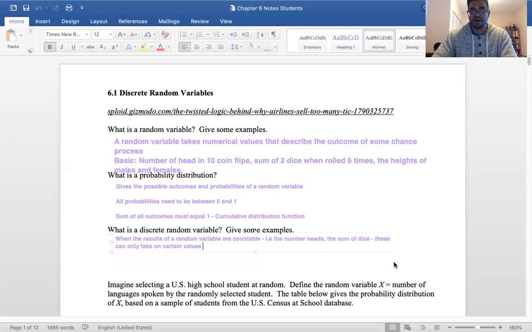On the contrary, when we look at continuous variables, stuff like height and time, those are all going to be continuous random variables because they can take on any sort of value. So those are some basic definitions.